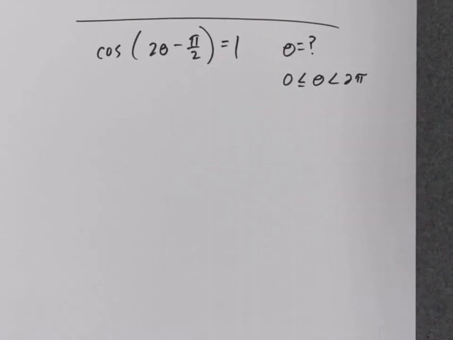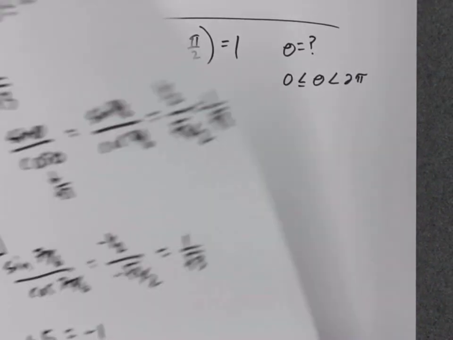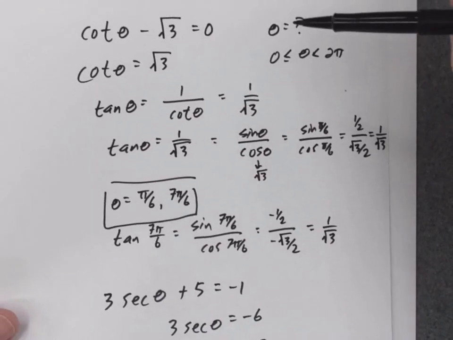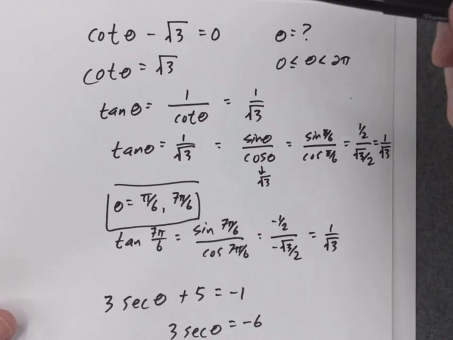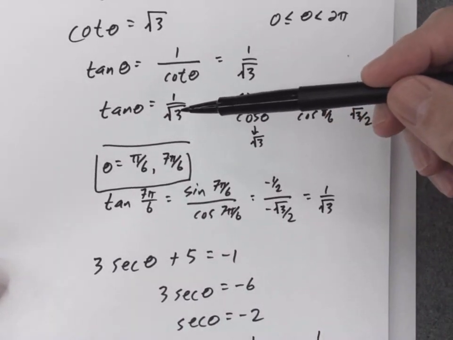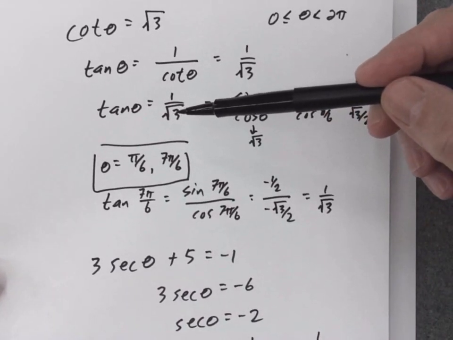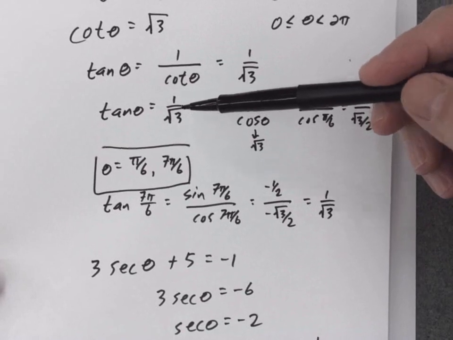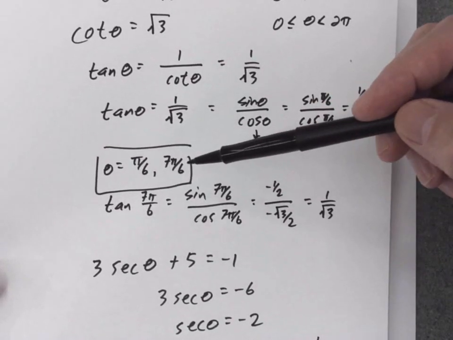Back before, when we were solving equations and they asked for the solutions between 0 and 2 pi, we solved for the trig function, got down to here, and then simply took one trip around the unit circle and got our answers.